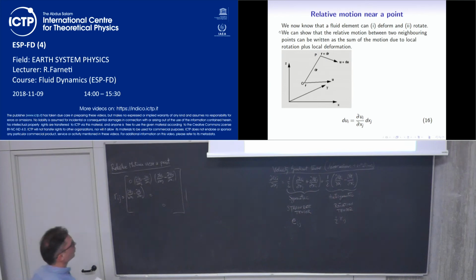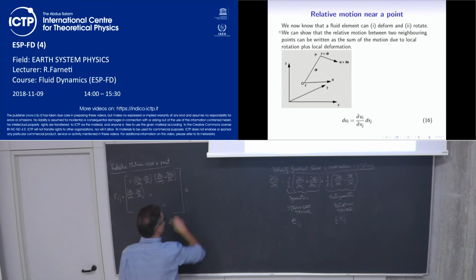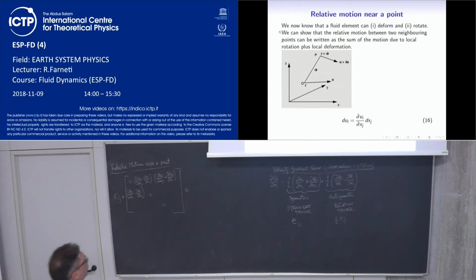The off-diagonal terms are the components of the vorticity. That's why it's the rotation tensor.